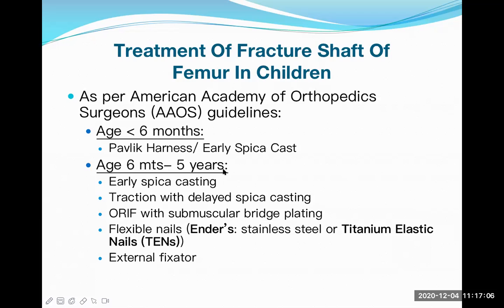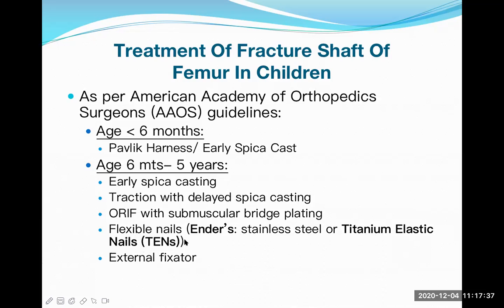From age 6 months to 5 years: early spica casting, traction with delayed spica casting, open reduction and internal fixation with submuscular bridge plating, means below the muscle the plate is applied. Sometimes flexible nails like Ender nails, which are made of stainless steel, or titanium elastic nails, also known as TEN for short, can be used.